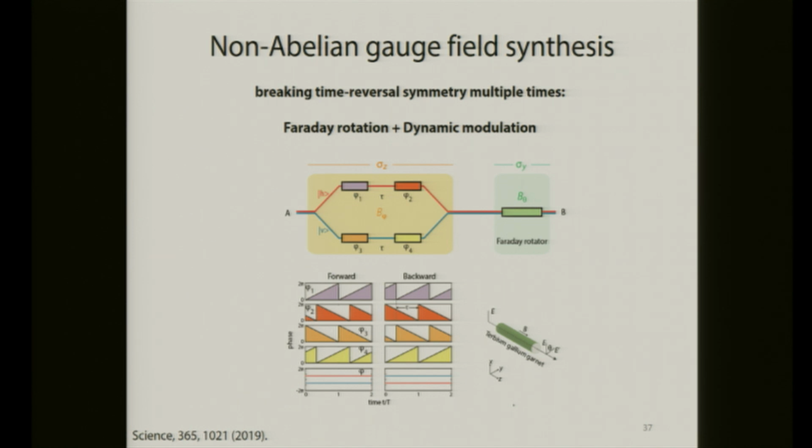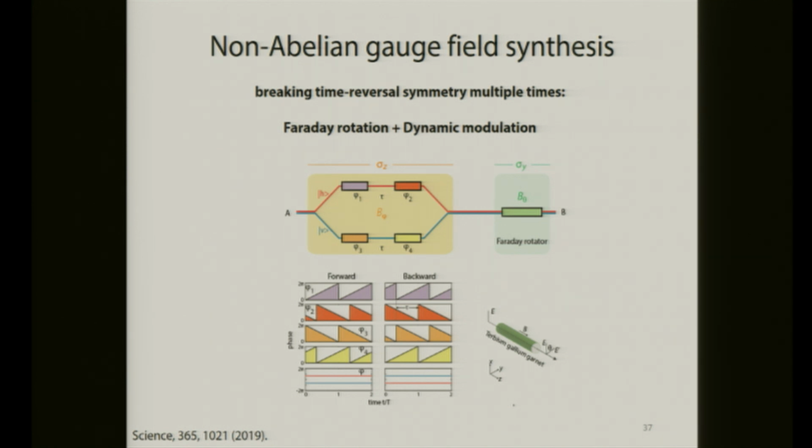Here, we choose to use terbium yttrium garnet for its large magneto-optical response at the telecom wavelengths. For the dynamic modulation, that's a little bit tricky, where we adopt 4 lithium niobate modulators, phi 1, 2, 3, 4, and drive them with sawtooth modulation specified below.